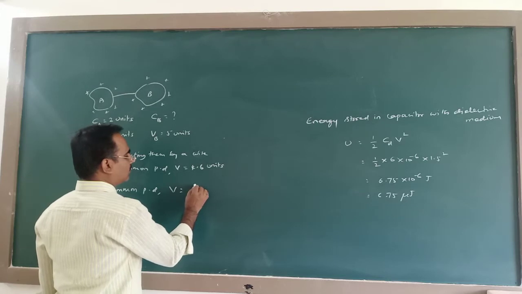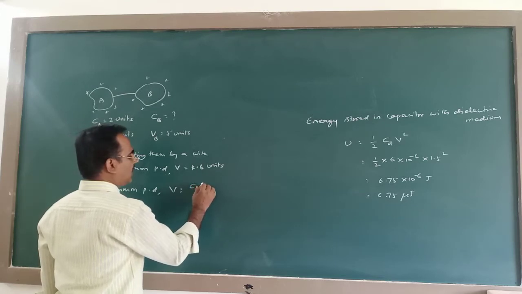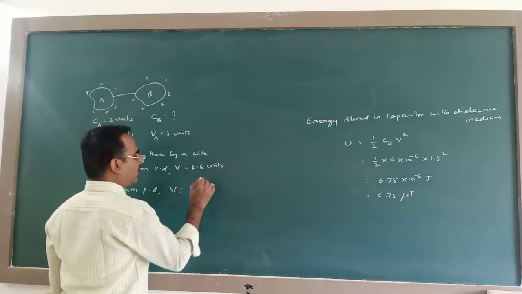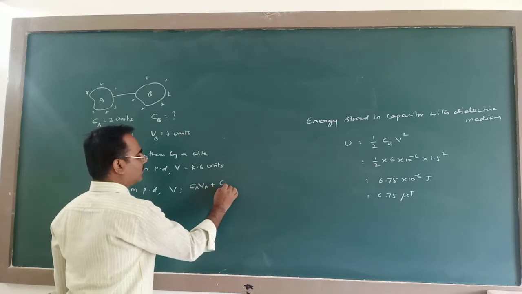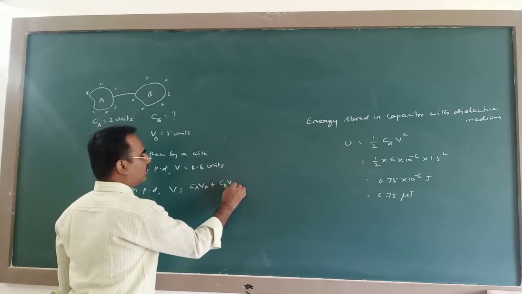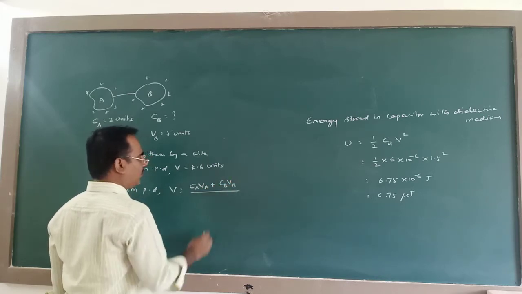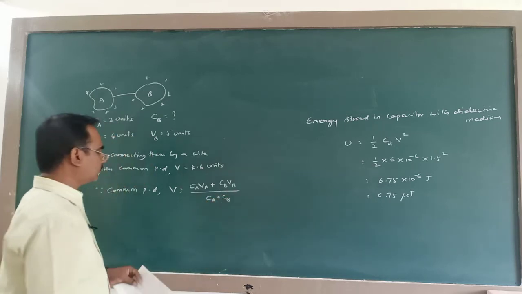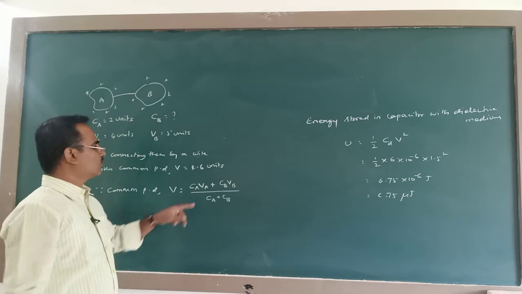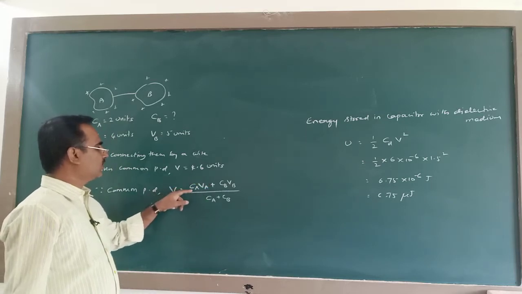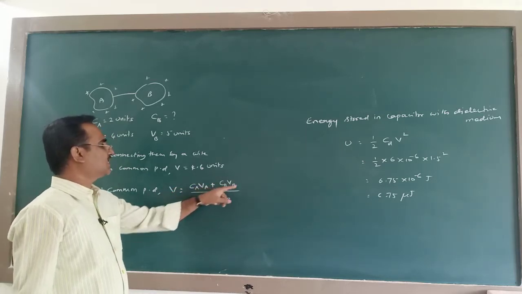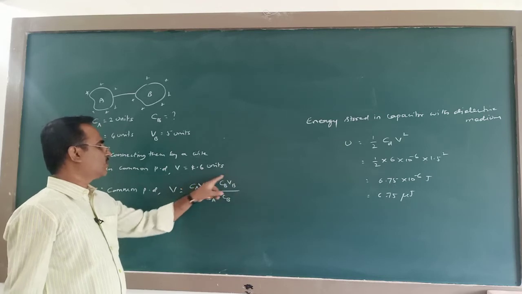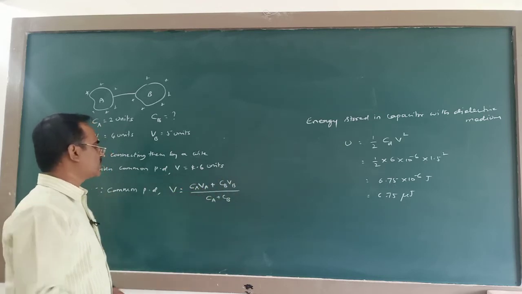That is CA VA plus CB VB divided by CA plus CB. This is the formula. So this is the charge on the first one plus this is the charge on the second one. So this is the total charge and this is the total capacitance.